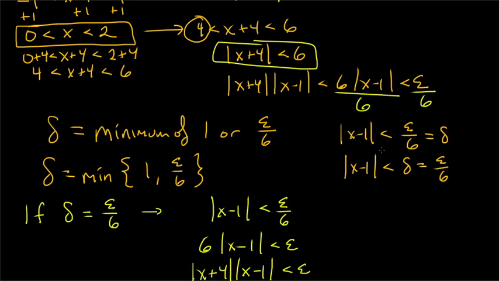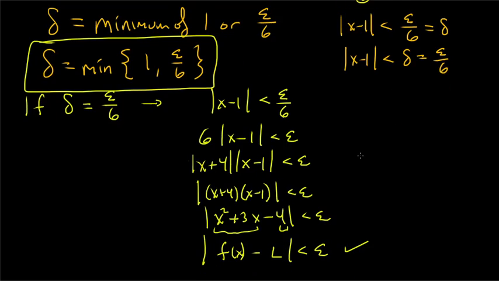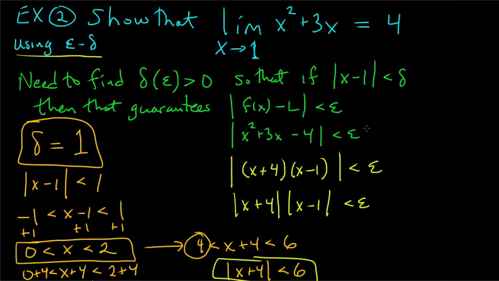Okay, so that should do it. As long as my delta is either 1 or epsilon over 6, whichever one is smaller, that's going to guarantee this. And that proves that the limit as x approaches 1 of x squared plus 3x equals 4.